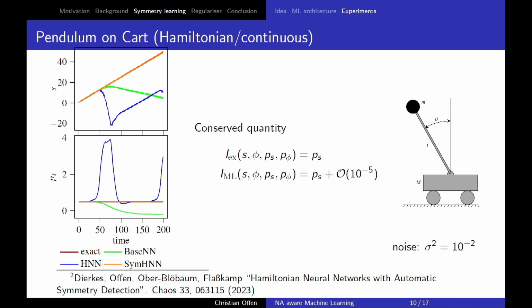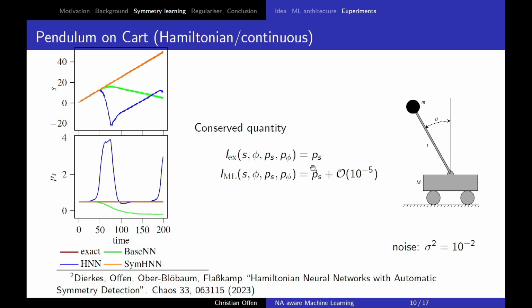But the nice thing about this is that if you learn the symmetry terms, it is also system identification. So you identify automatically conserved quantities because symmetries correspond to conserved quantities by Noether's theorem. So if you've learned them, you can compute the conserved quantities that this corresponds to.